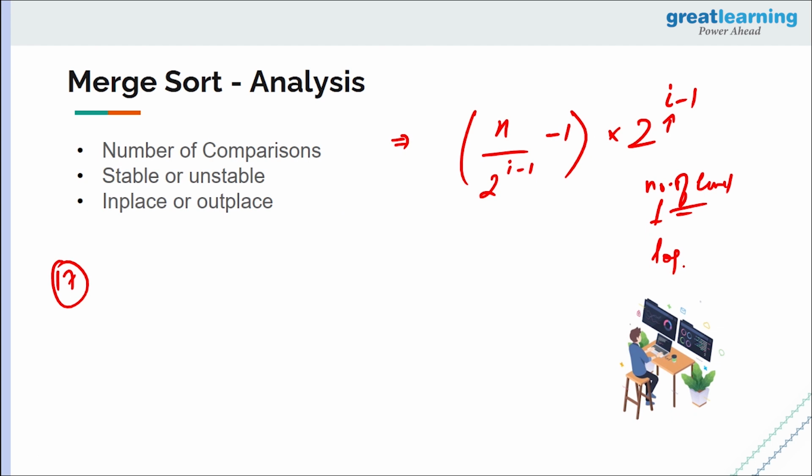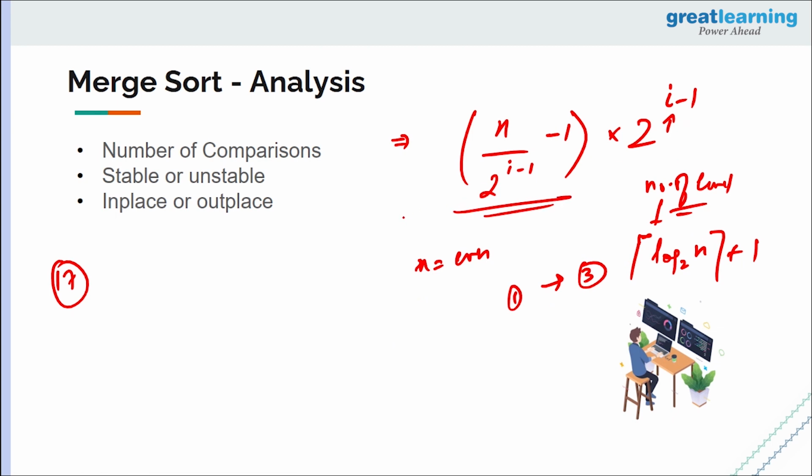In this case, n was 8, and we had 3 levels, so it would have been log n to the base 2. Now this would have been only 3, but the last merge is also there, so plus 1. And this is only for the case when n is even. What about odd cases? We take the ceil of this, that is, we take the larger side. So this is the number of levels, that is i.